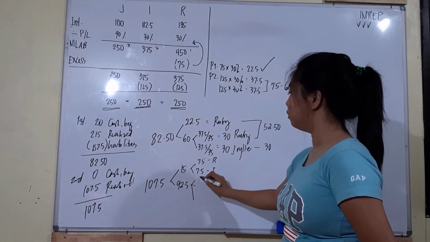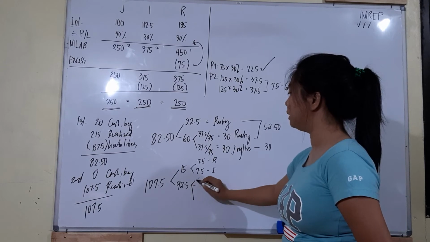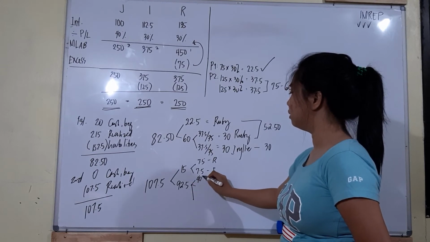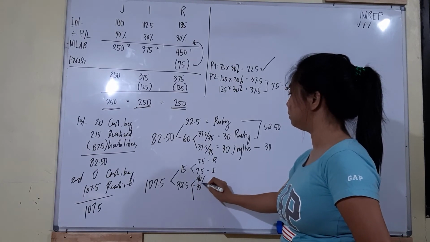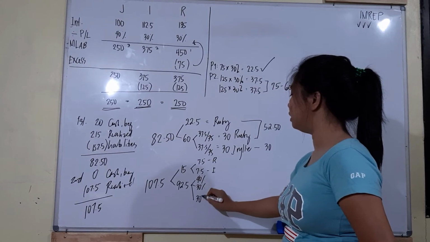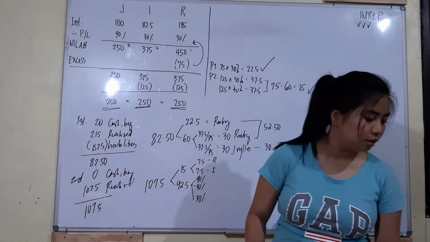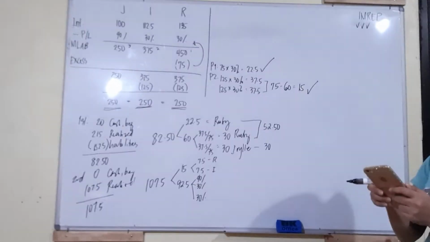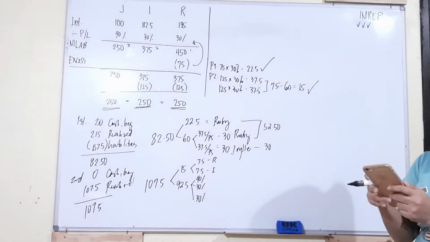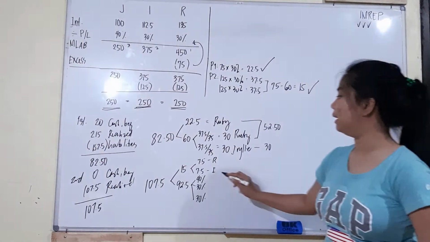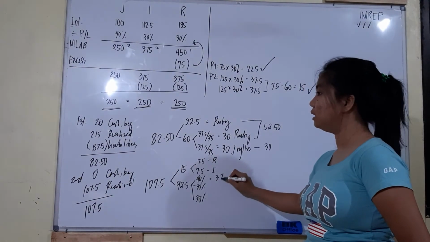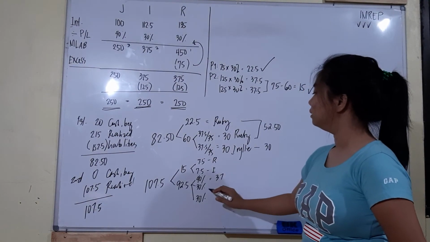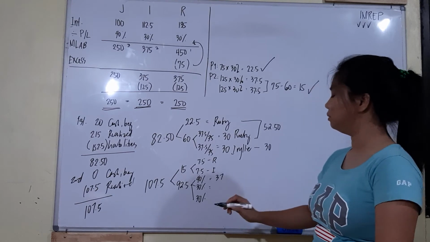Okay? So, for JEP, so we have 40%, 30%, and 30%. So, what is the 40% of 92.5? So, this will have 37. Then, ito naman, magkano?